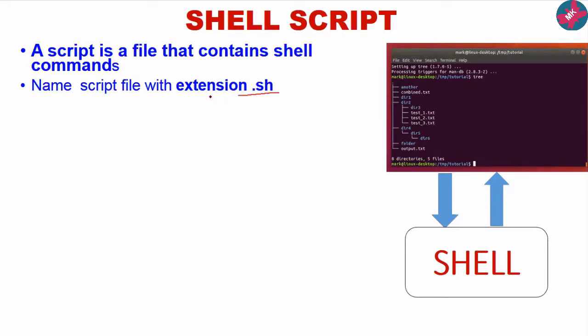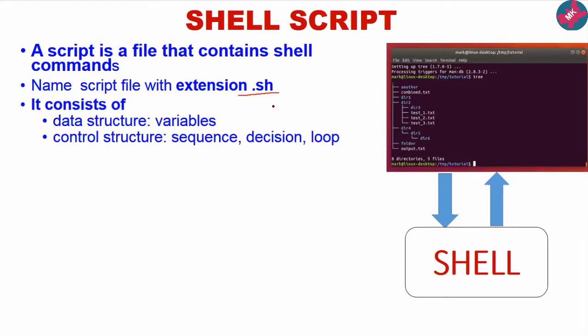If you forget to give the .sh extension, it won't be treated as a script file. As I have explained, the file will consist of variables, control structures, and how it is initiated.